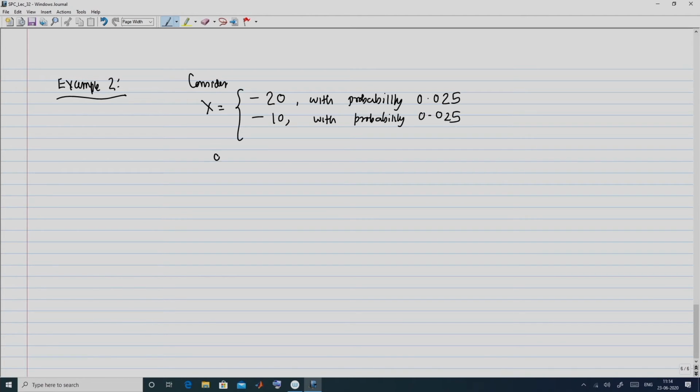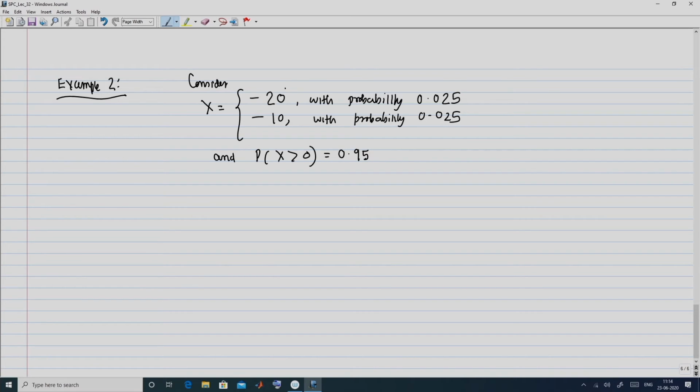and in this case, suppose that we have an X. So, that means your X can take, say, these values. Suppose that X equals minus 20, that means your discounted gain is going to be minus 20 with probability 0.025, it is going to be minus 10 with probability 0.025, and the probability that X is greater than 0 is going to be 0.95.